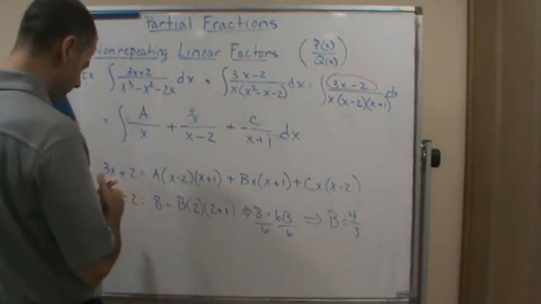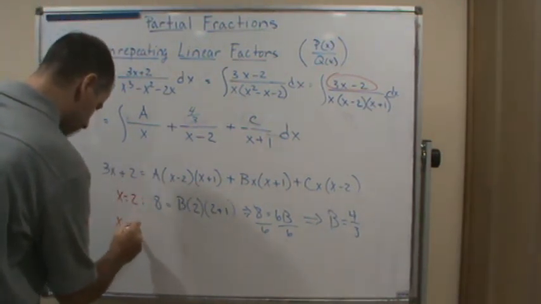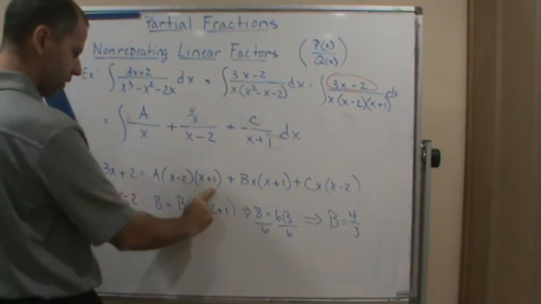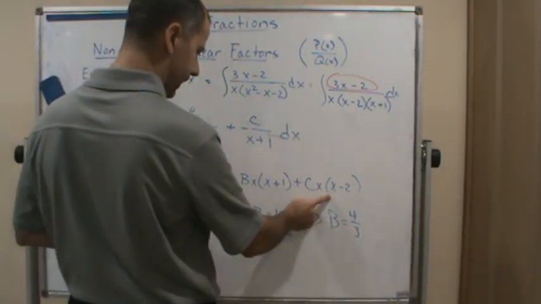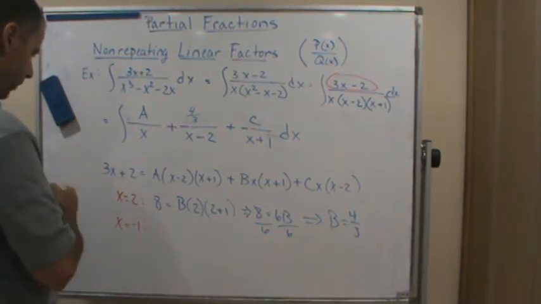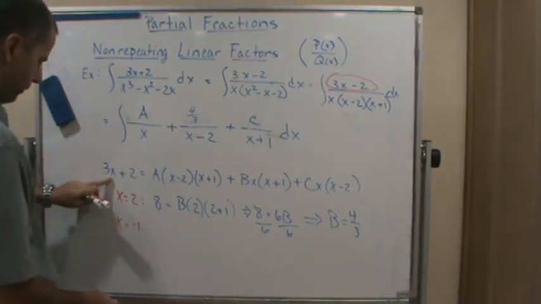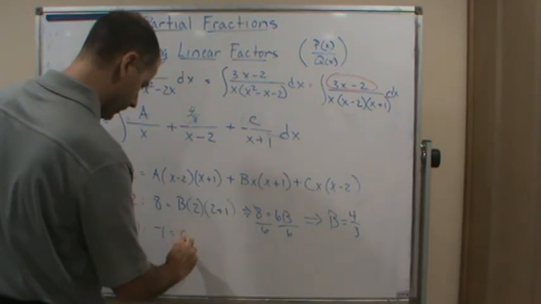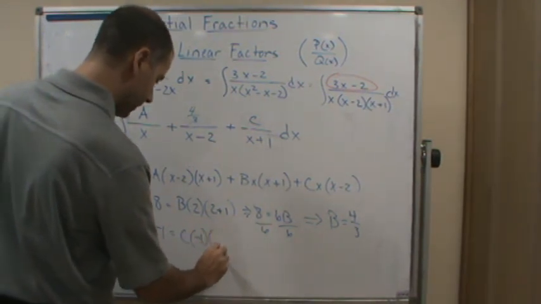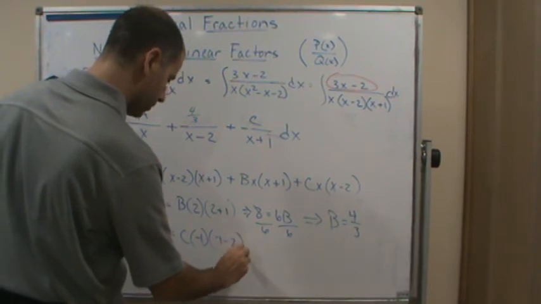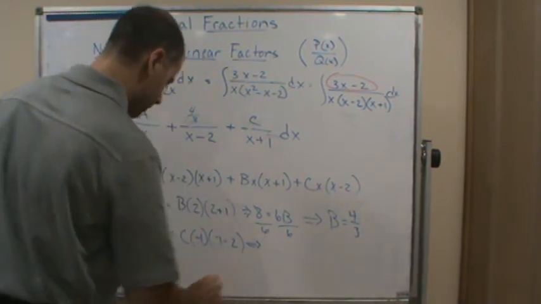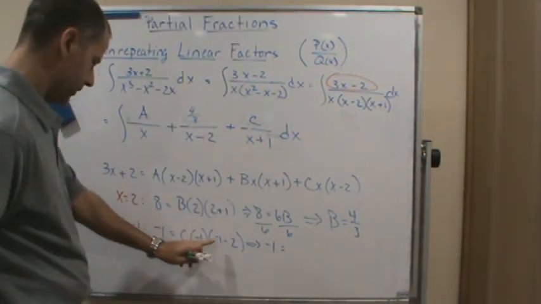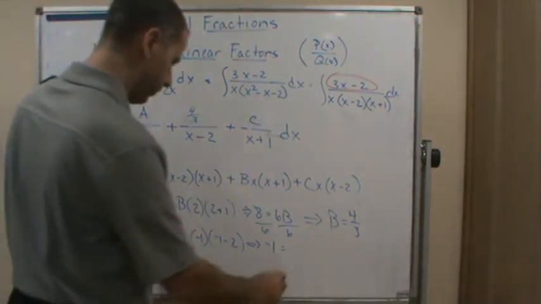If x is equal to -1, this goes to 0, this goes to 0, and I end up with C. On this side, I get -3 plus 2, which is -1, equals C times -1 times -1 minus 2, which gives -1 equals -3 times -1, which is +3.